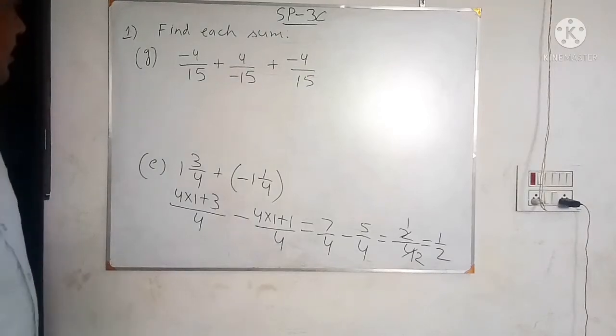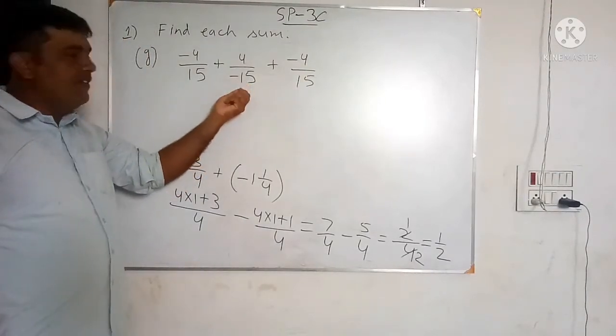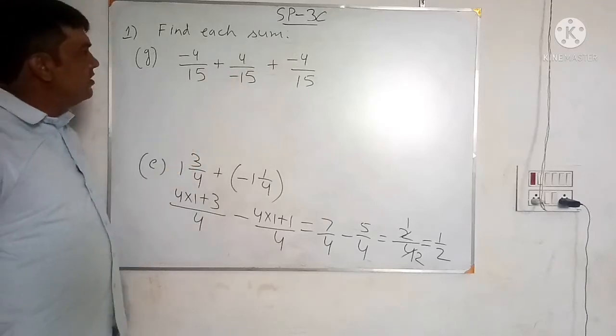Again, you see some rational numbers are not in the standard form, because any rational number which has a negative denominator is not in the standard form. So first you make it in the standard form.